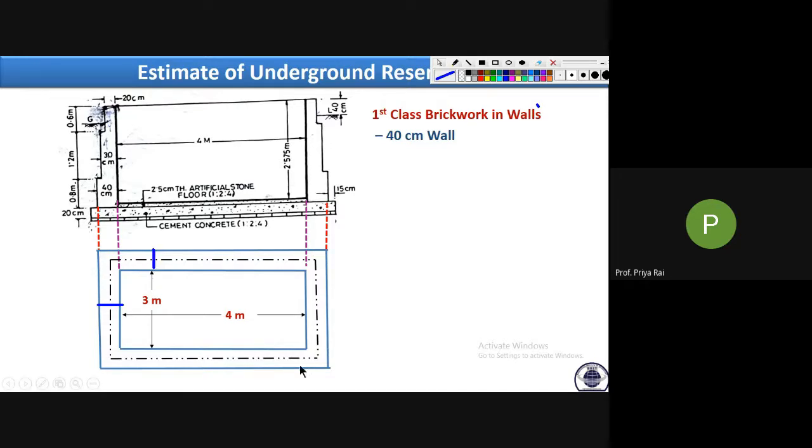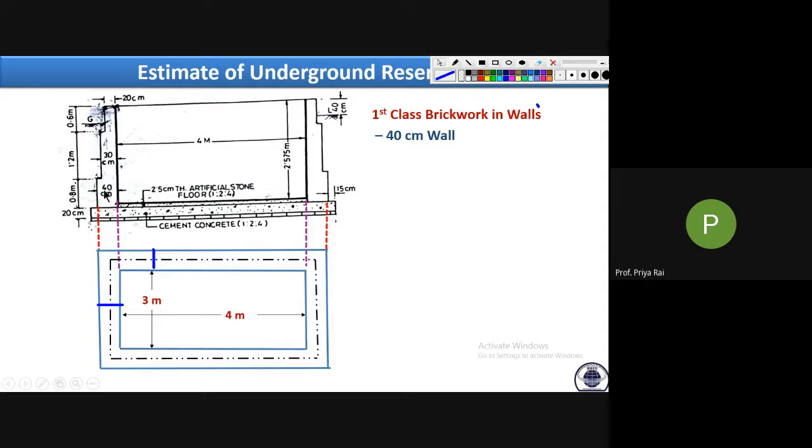Whatever area is covered, if we multiply it with the depth, which is 0.8, we will get the volume of this wall. So the depth of the 40 centimeter wall is 0.8.